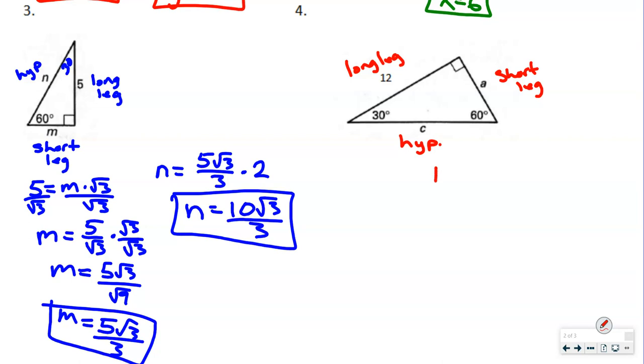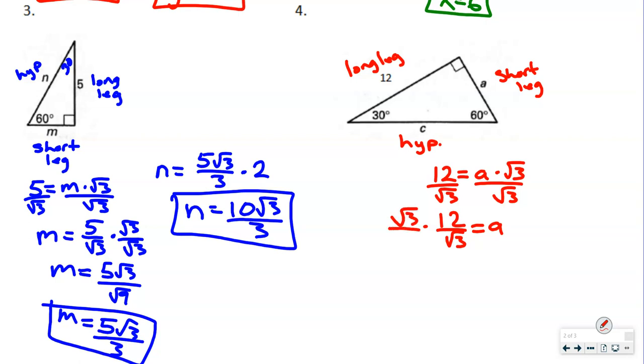So to set up the formula, our long leg is 12. That equals our short leg, A, times the square root of 3. So to get A by itself, we need to divide by the square root of 3 on both sides. So we get 12 over the square root of 3 equals A. We want to get rid of the radical in the denominator.